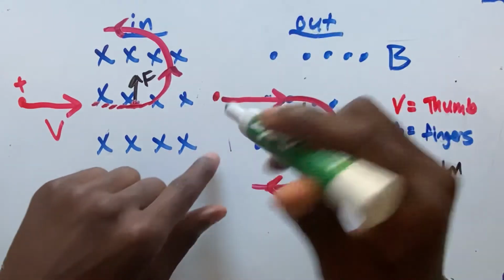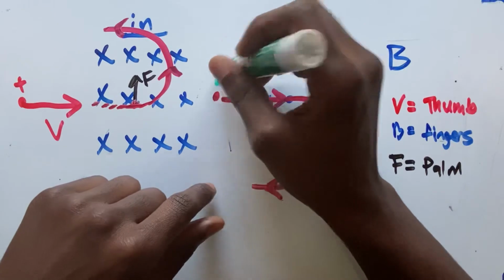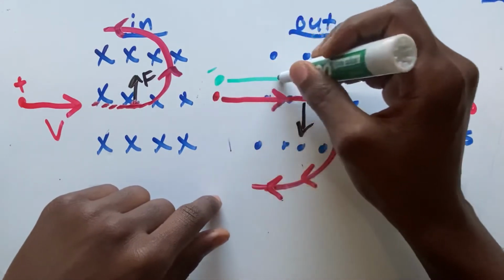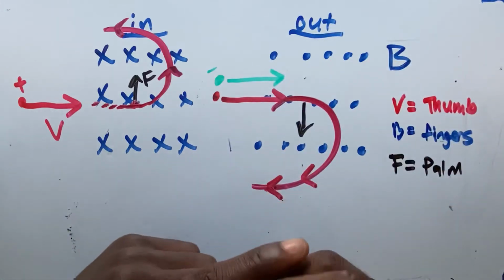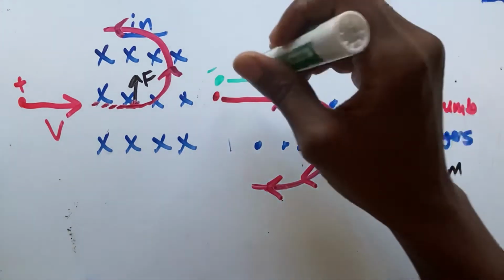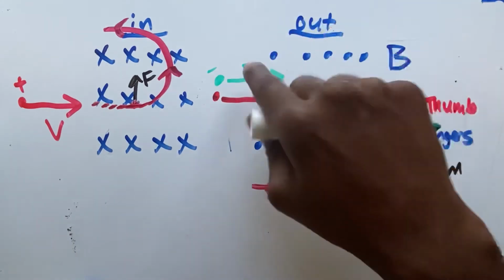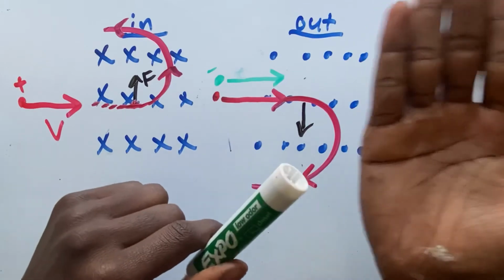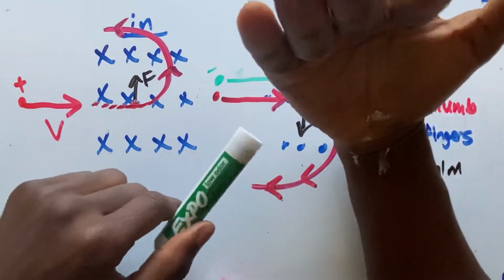So that was our positive charge, right? Let's say I have a green for a negative charge, and it's going into this magnetic field. Well, of course, it has its velocity going towards the right, and the magnetic field is still coming upwards.